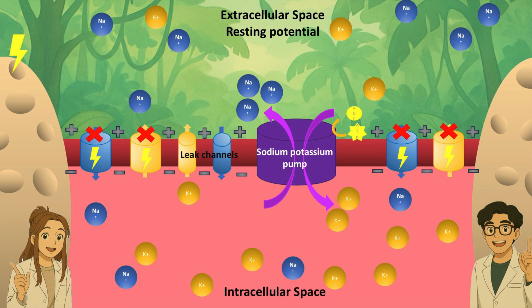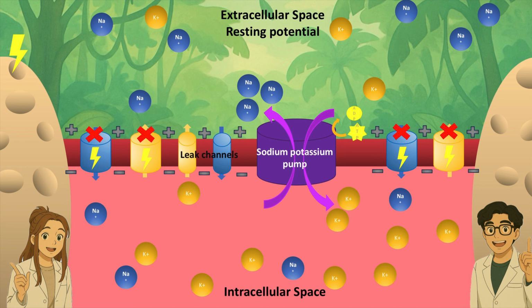Additionally, at resting potential, the potassium leak channels allow positive potassium ions to leak out. Since the inside concentration of potassium is higher than the outside, the potassium ions passively diffuse out through the leak channels.